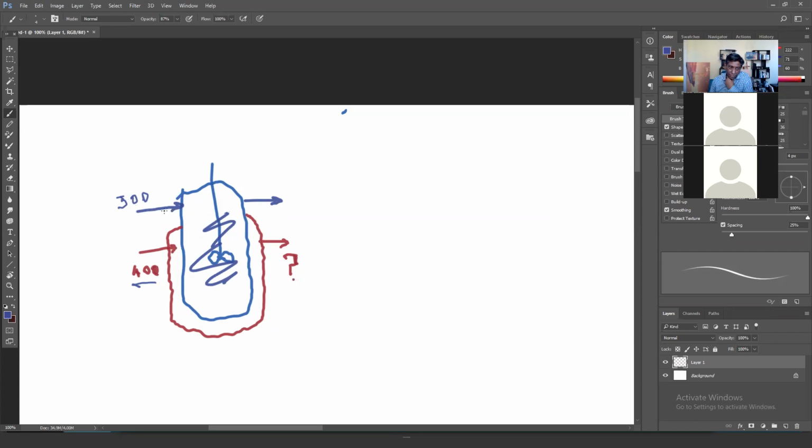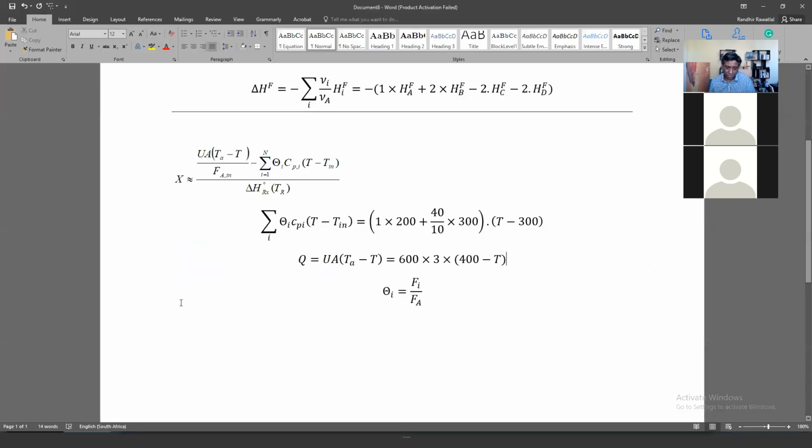So we know we are feeding at 300 Kelvin, but we don't know to what extent the reaction is happening as yet. We haven't talked about it as yet. It's a function of the reaction itself. So we can't say anything about the temperature inside the reactor as yet, right? We've only so far unpacked a bit about the influences from the heat transfer medium and so on.